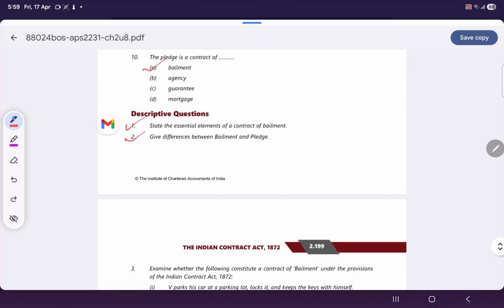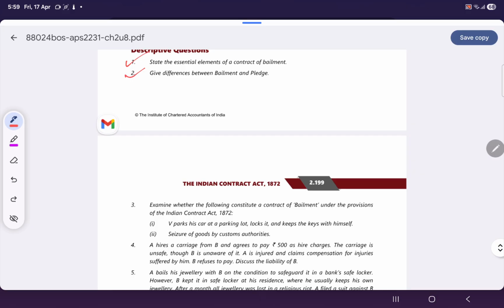We have already discussed. Examine whether the following constitute a contract of bailment under the provisions of the Indian Contract Act 1872. V parks his car at a parking lot, locks it and keeps the keys with himself. This is not bailment, this is just custody.